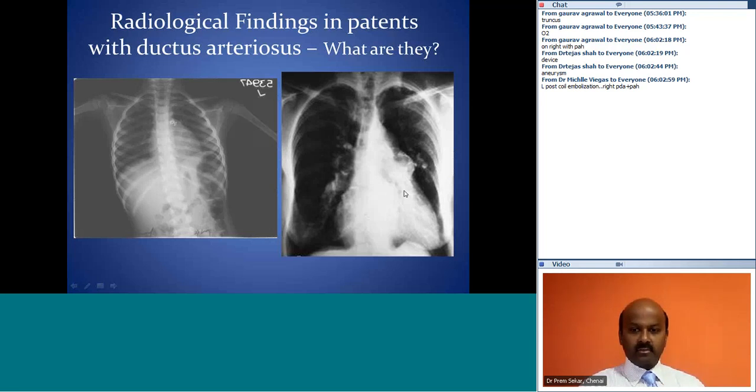Since these are being done quite often now, you should always be open to the idea of any devices or coils in that position in a child, which would suggest that the child had a percutaneous interruption of the ductal shunt.